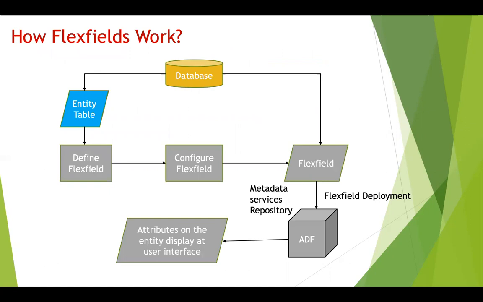And this is how flex fields work. When you define your flex field and configure it, and you start storing values, one segment is associated with only one unique value which you form, and when you select that code combination, it gets stored into your cloud database and your entity table. Before that, it's stored into your metadata repository.